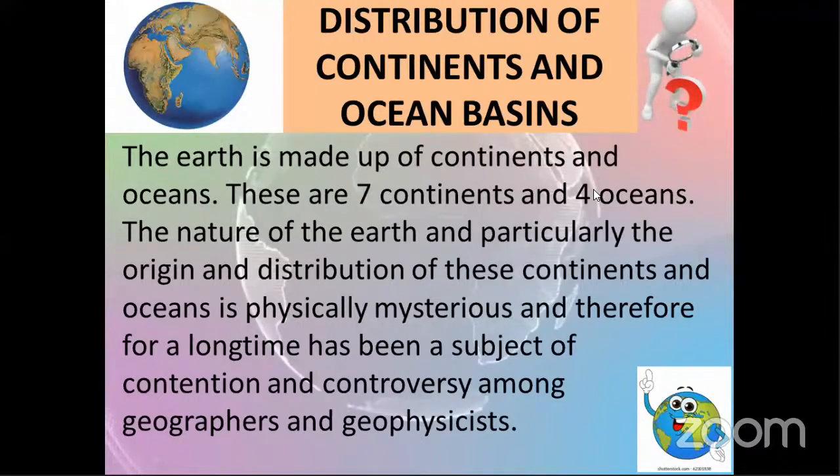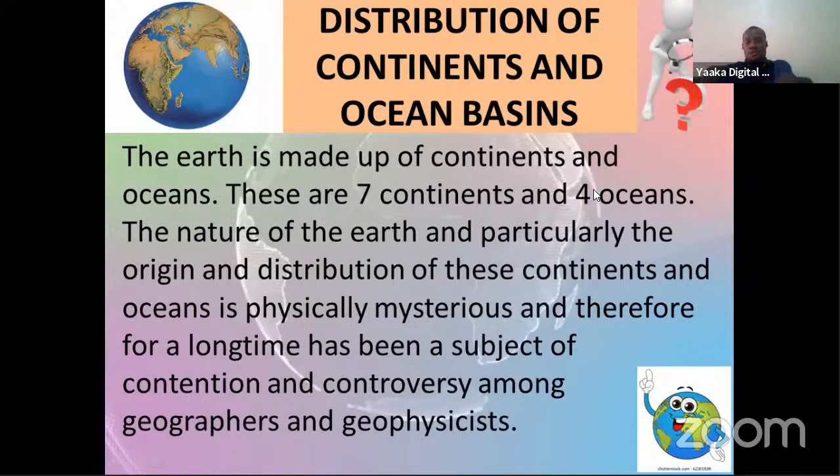The nature of the Earth, particularly the origin and the distribution of these continents and oceans, is physically mysterious and therefore for a long time has been a subject of contention and controversy among geographers and geophysicists.